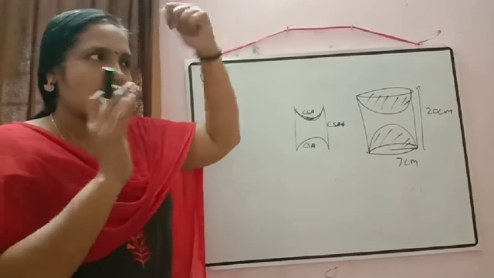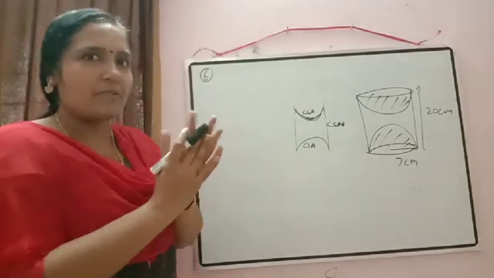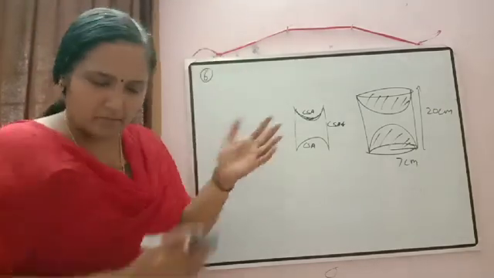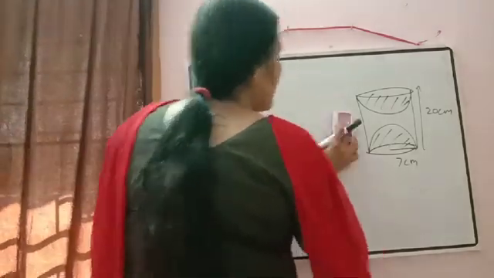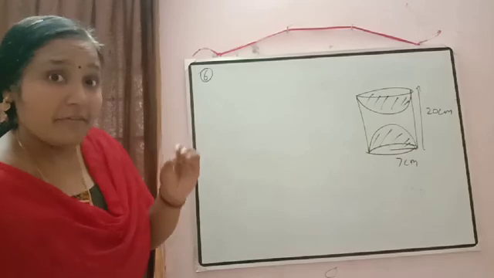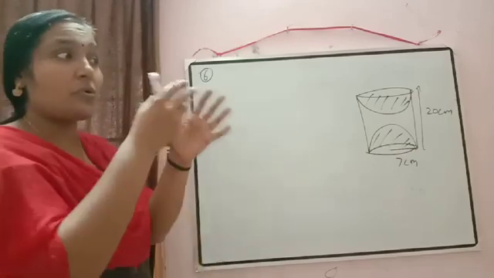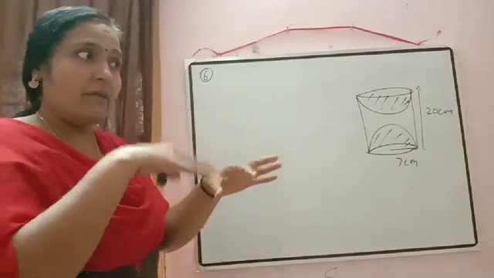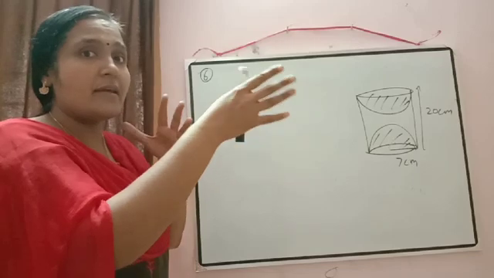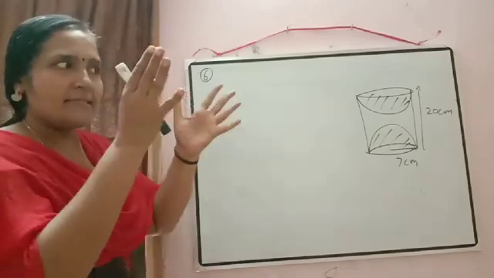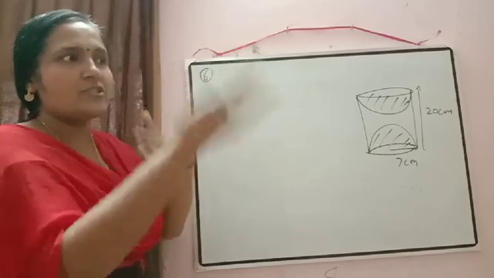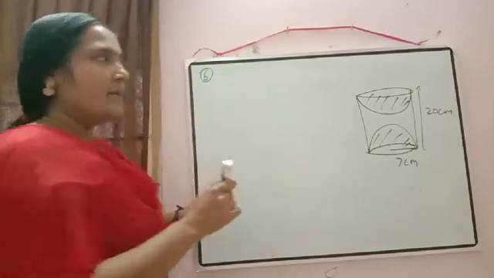Whenever we are taking a solid, what are the areas we have to add there? Okay, so just write down there total surface area of the solid. Don't confuse that. If it is given in the question total surface area, then we do not have to calculate total surface area of cylinder, nothing like that. Okay, imagine the figure and the areas you will paint, that only will be the surface area.